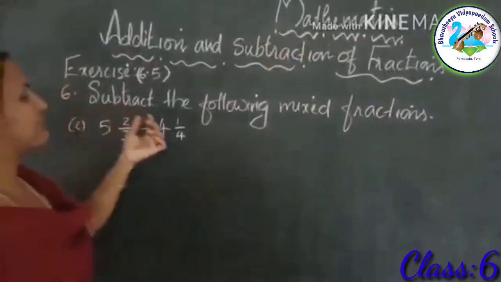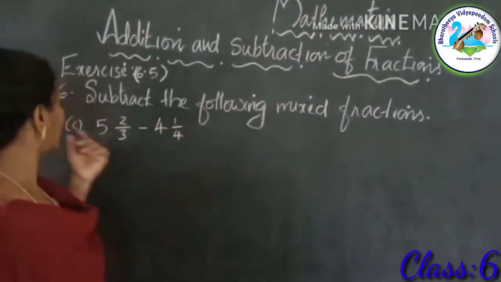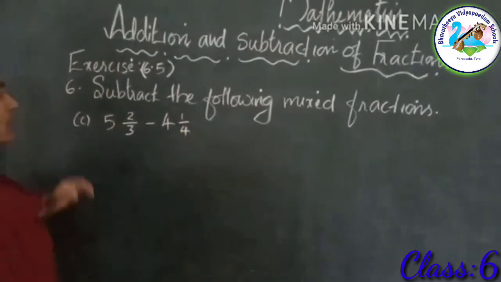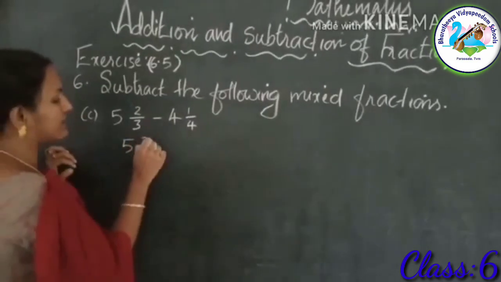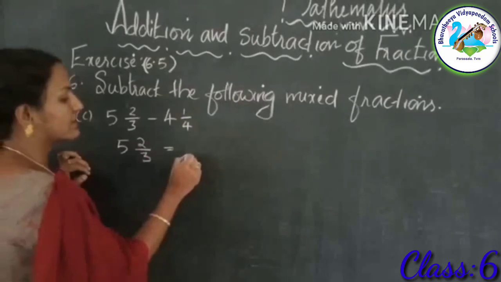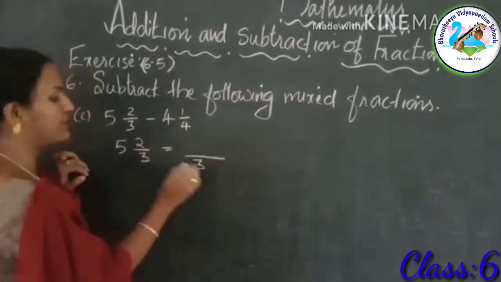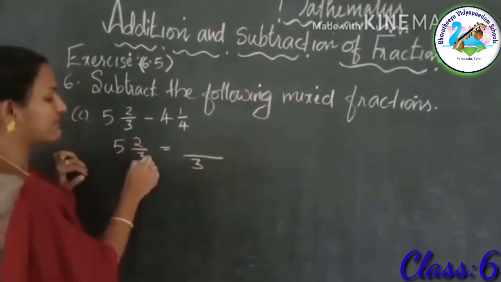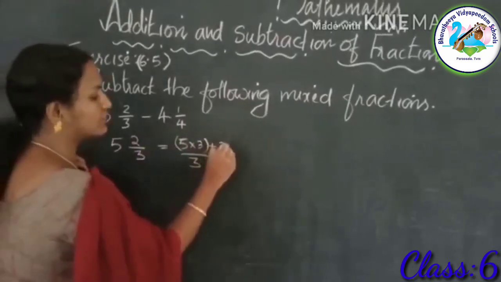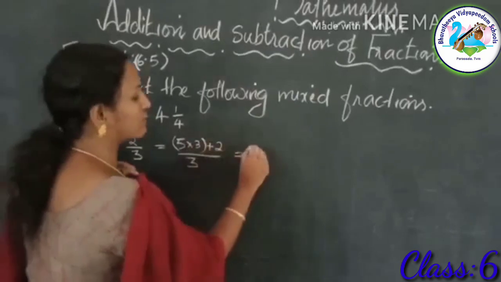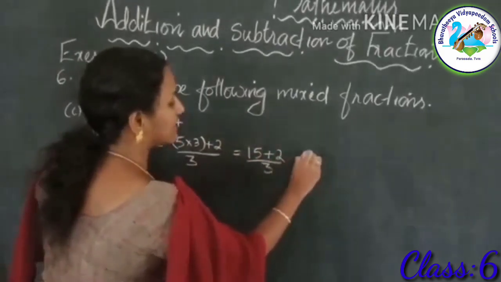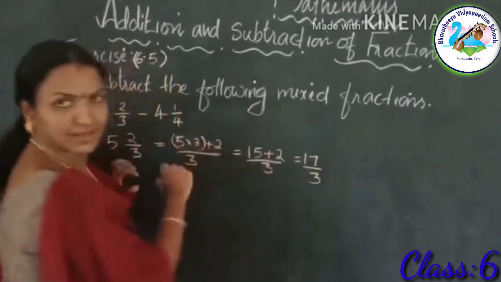Next, question number 6. Subtract the following mixed fractions. Option C. Find 4 2 by 3 minus 4 1 by 4. 4 2 by 3 is a mixed fraction. So convert into improper fractions. Here the denominator is 3. So multiplying 5 and 3 plus numerator 2 is equal to 5 into 3 is 15. 15 plus 2 by 3 is equal to 17 by 3.